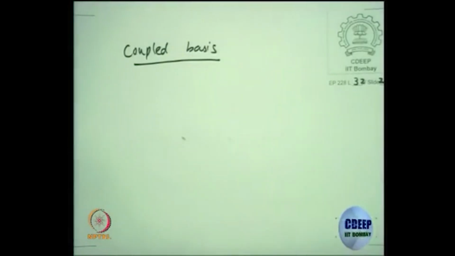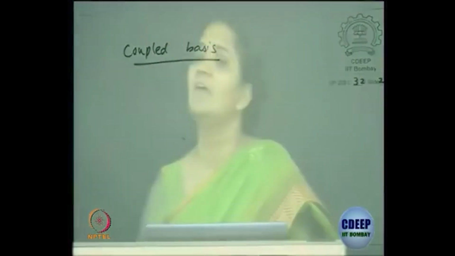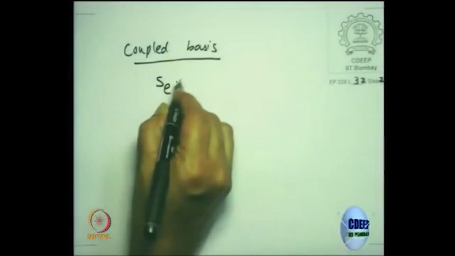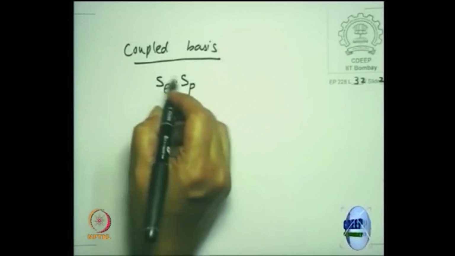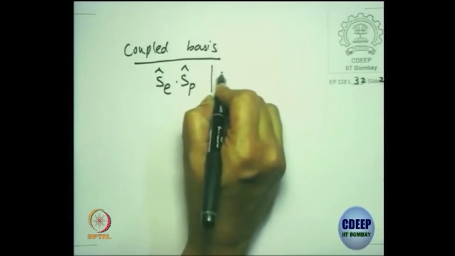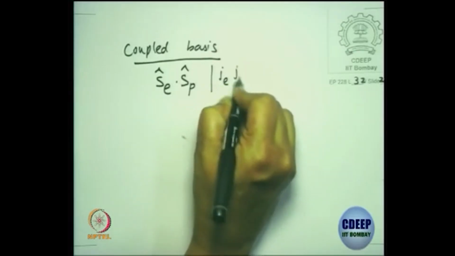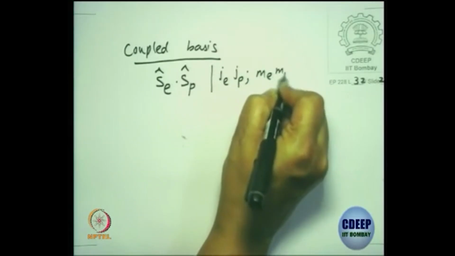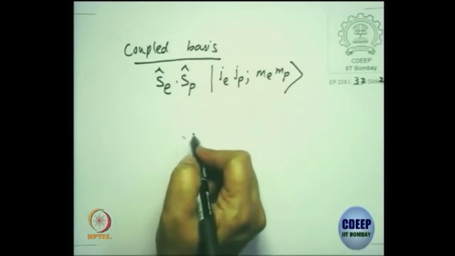In such cases, it is convenient to work not with the uncoupled basis. In the problem which you did, you know the uncoupled basis is not an eigenstate of L dot S, right? I am sure you would have checked this. For the proton-electron system, you had taken S_p dot S_e, and if you operate on the uncoupled state, J electron, J proton, M electron, M proton, was it an eigenstate?